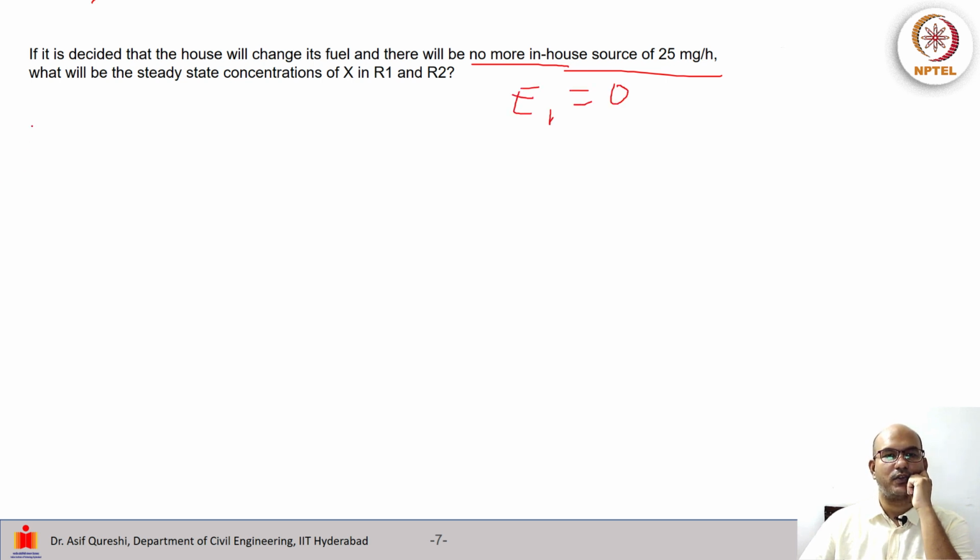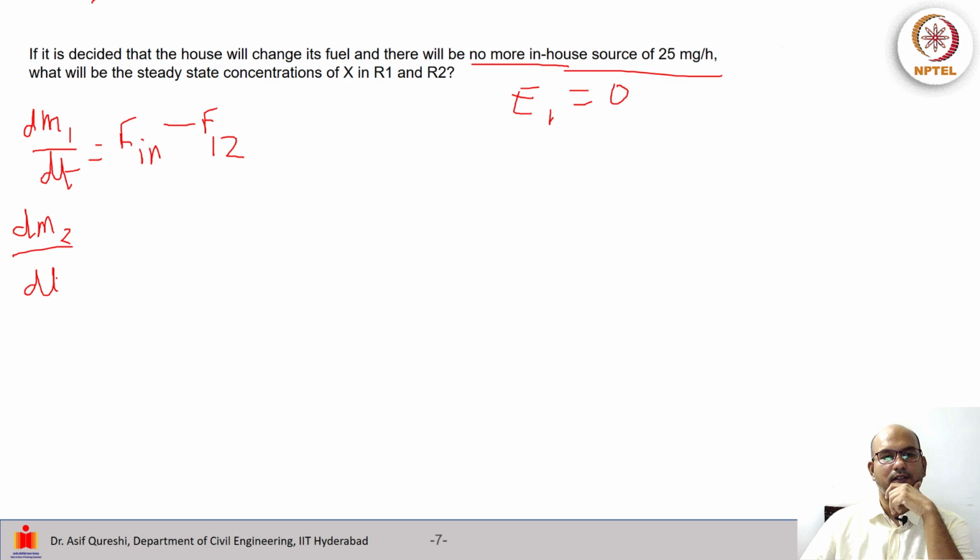In this case we only have flushing in and flushing out going on. So dm1 by dt is equal to F in minus F12, and dm2 by dt is equal to F12 minus F out.